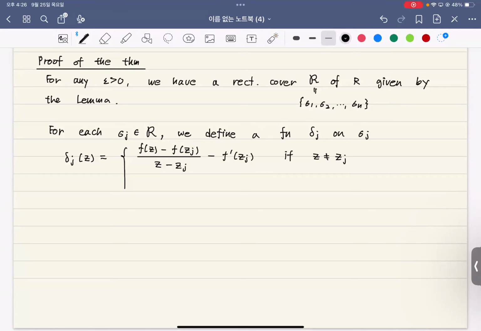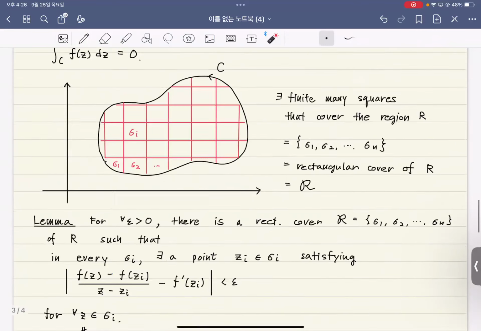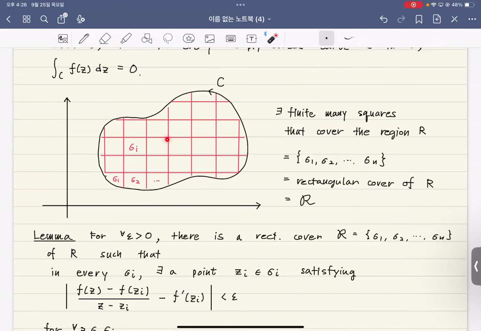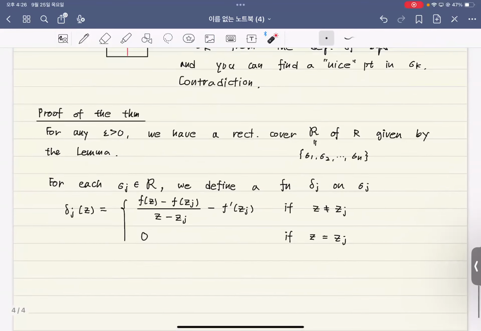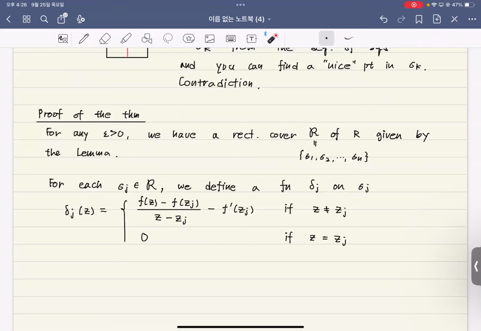If z is the same as zj, then we define the function to be 0. This is not a function defined on the entire region R, but a function defined on a single square sigma j.